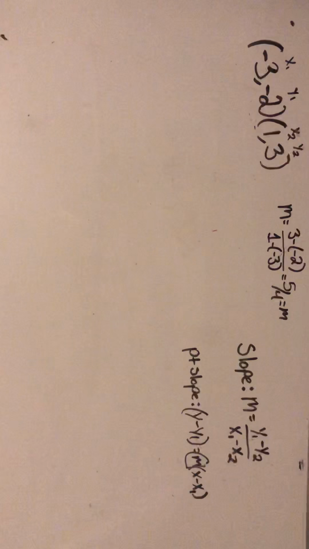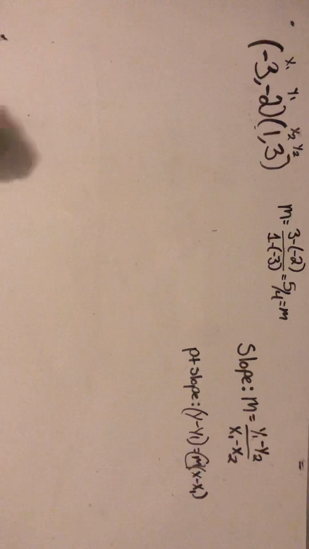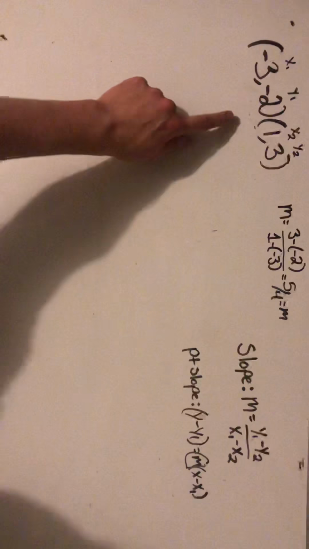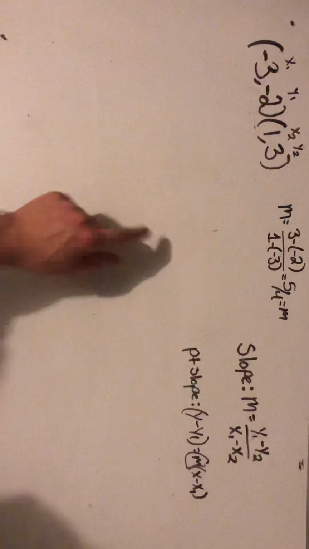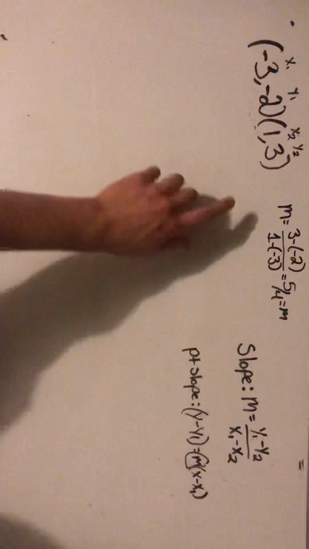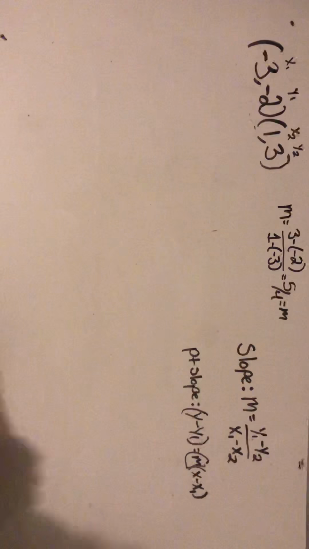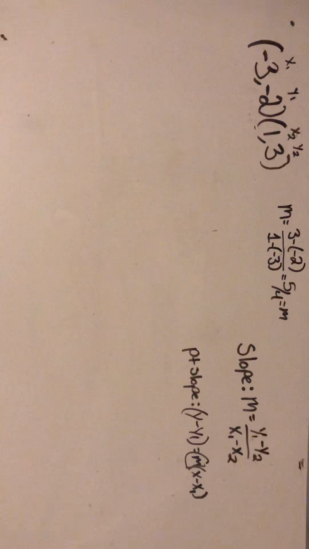Alright, so to make the video a little shorter, I already went through and made the points. The points are -3, -2, 1, and 3. I also included the slope formula, which is m equals y1 minus y2 divided by x1 minus x2.